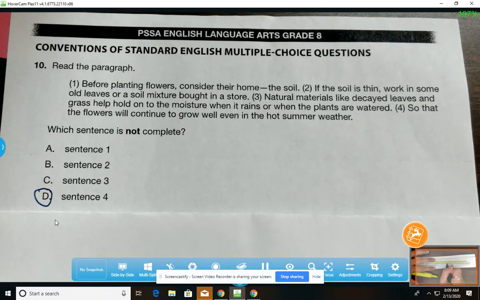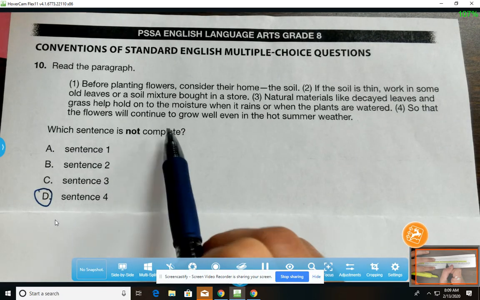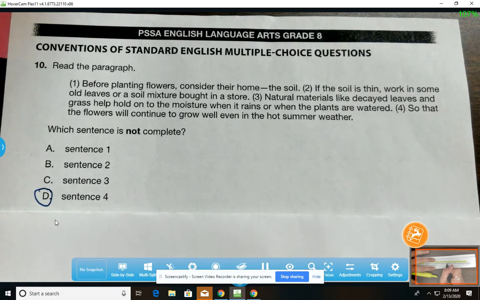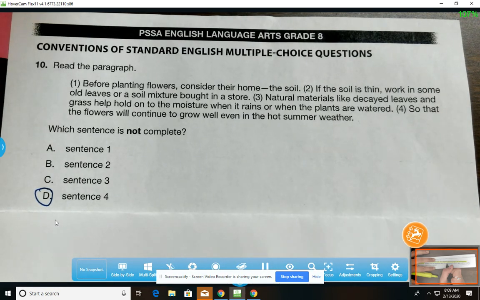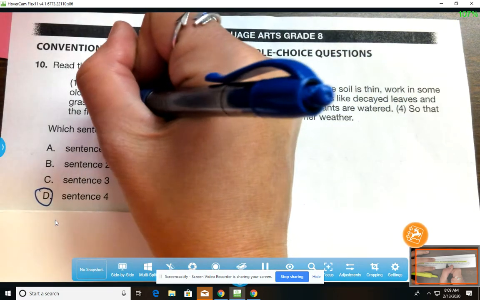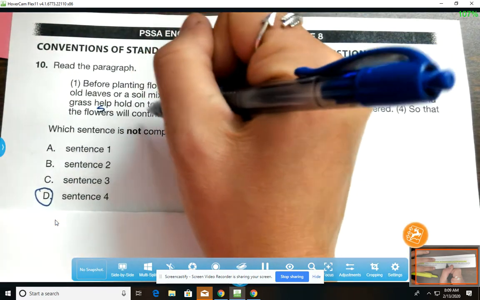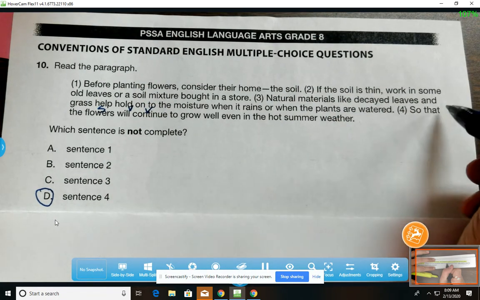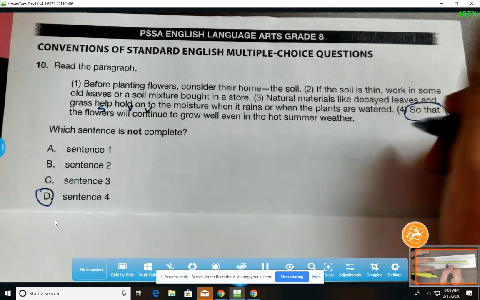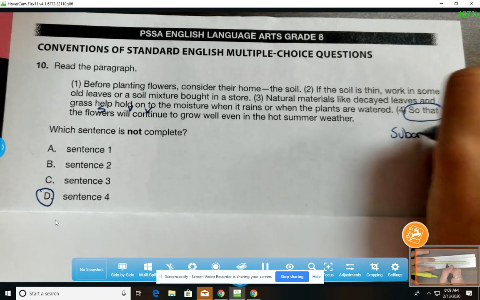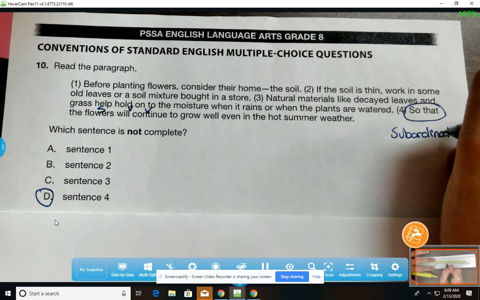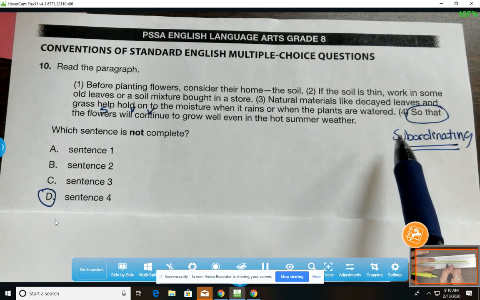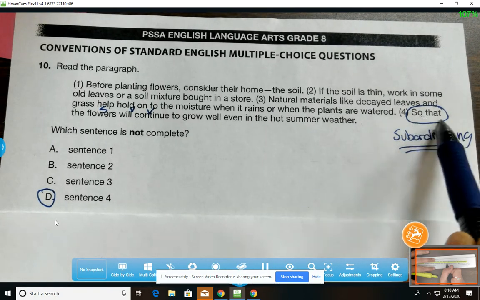Here's why. "So that the flowers will continue to grow well even in the hot summer weather" leaves you hanging. It may have a subject of flowers. It may have a verb, will continue. But this part right here, so that, are subordinating words, which means we have a subordinating conjunction when we use the word so that.